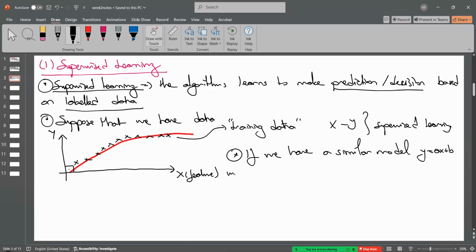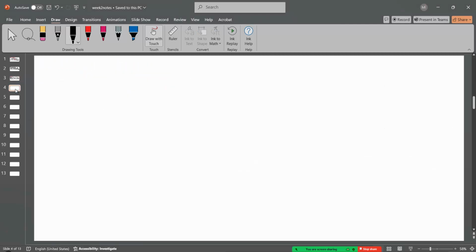And with the xi to yi, then we can train the model or the network. Okay? This is supervised learning. And so, in general, we have two kinds of supervised learning.